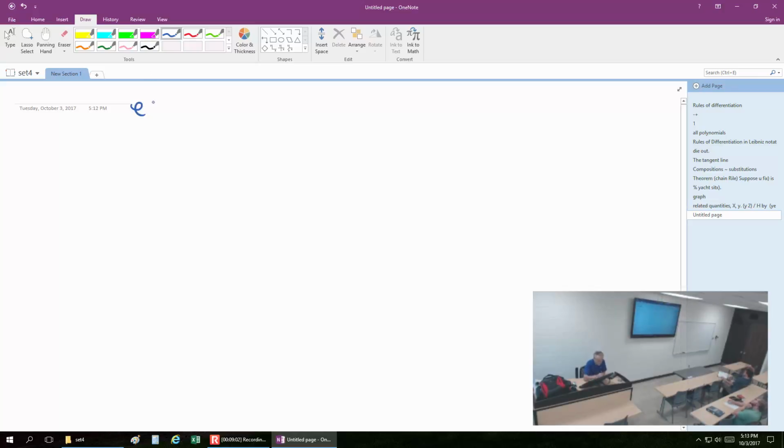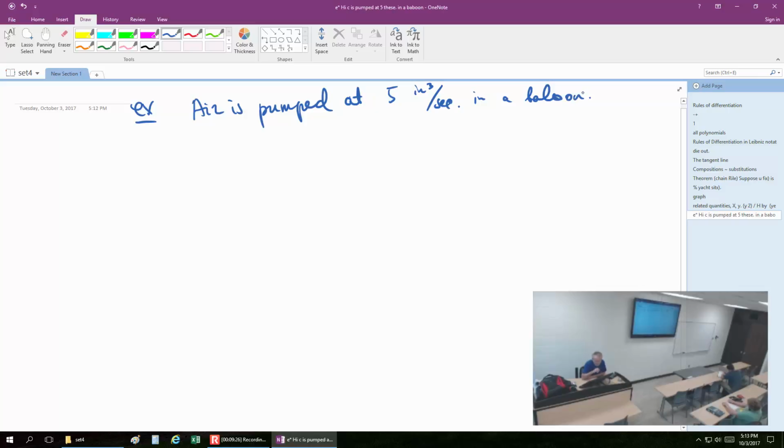Example: air is pumped into a balloon at the rate of 5 cubic inches per second. And the question, like I said, is how fast does the radius grow?